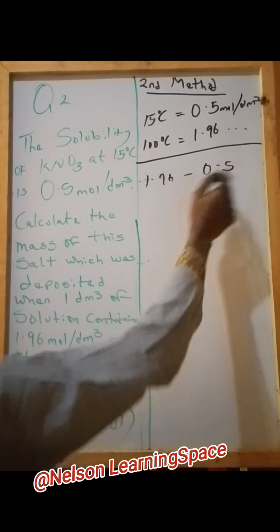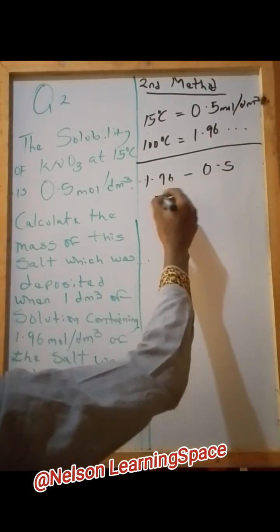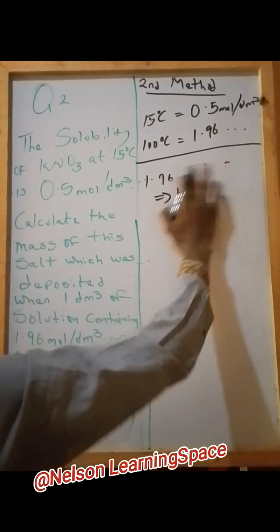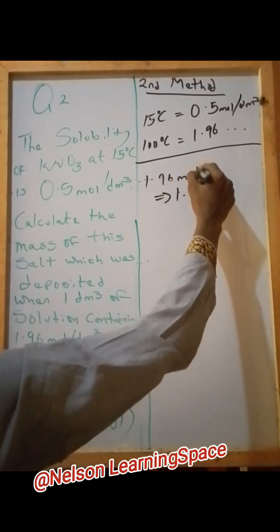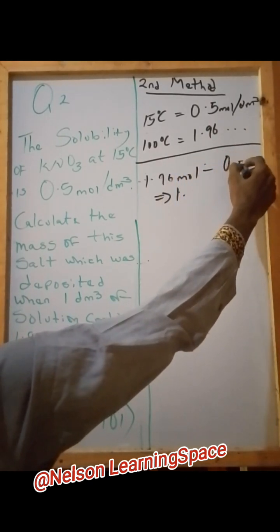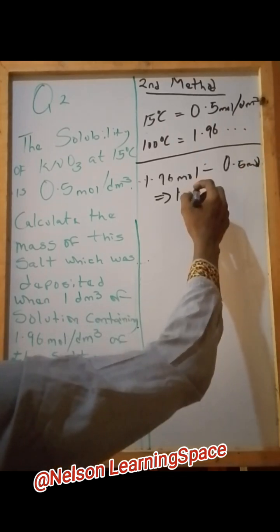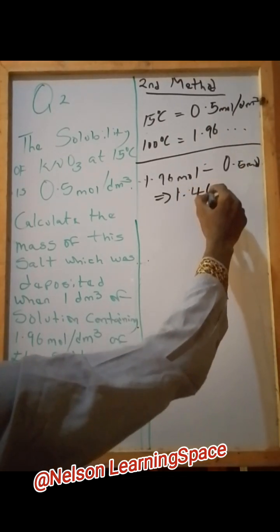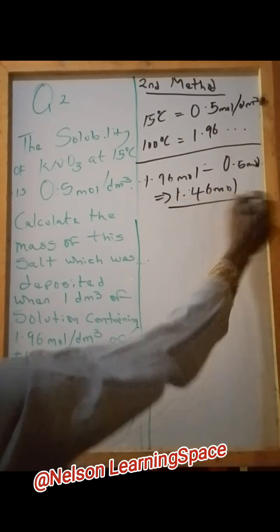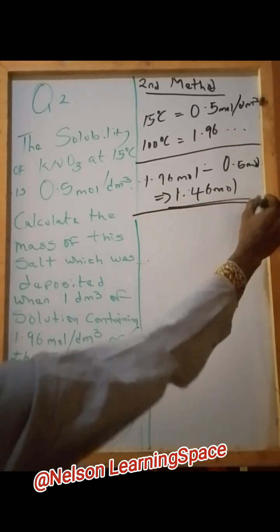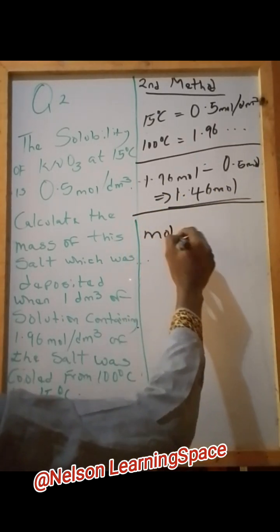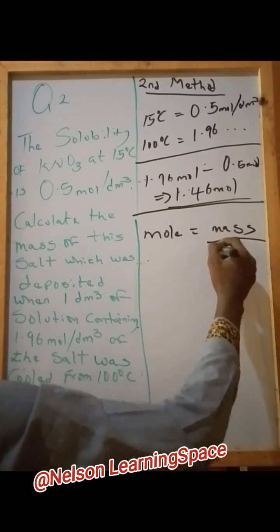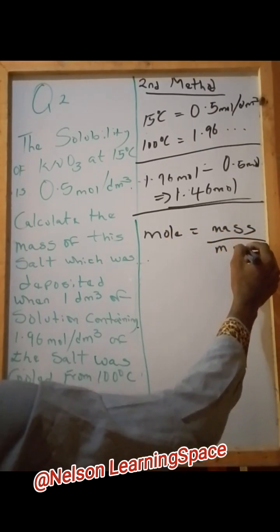So 1.96 mole minus 0.5 mole will give us 1.46 mole. So you have gotten the mole. Now with this mole, we can apply the formula that says mole is equal to mass over molar mass.